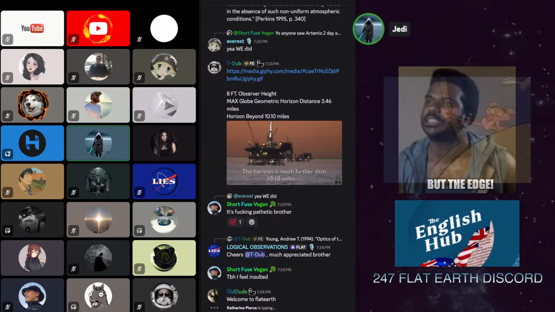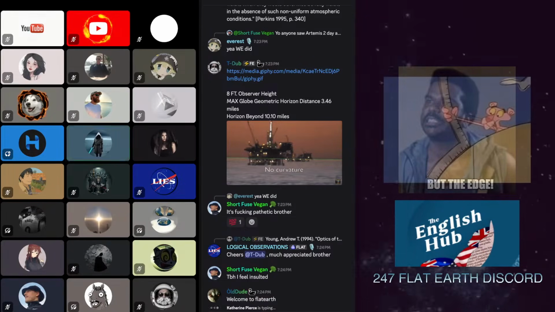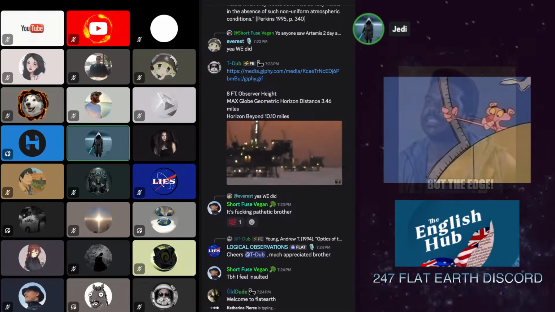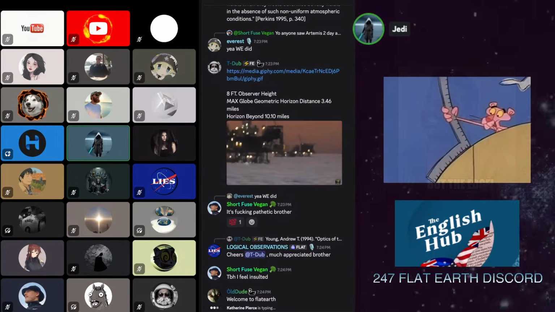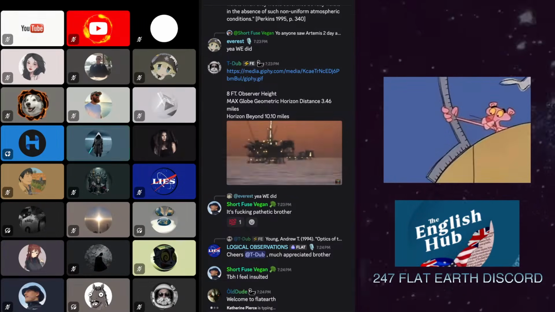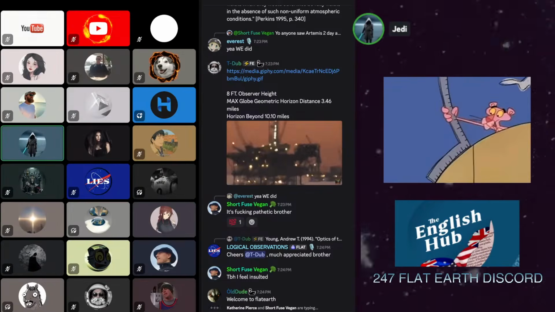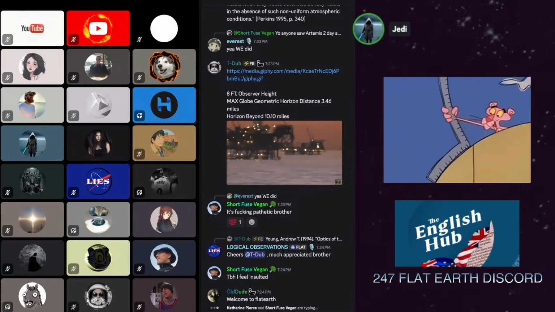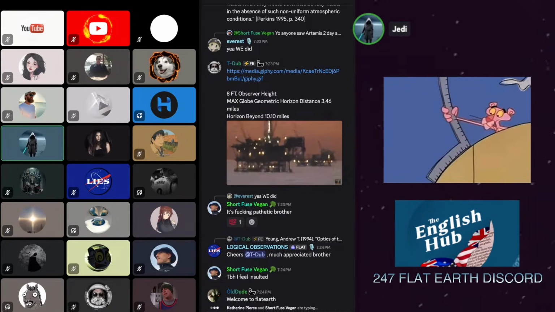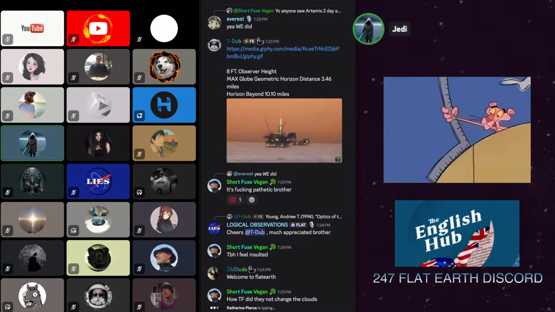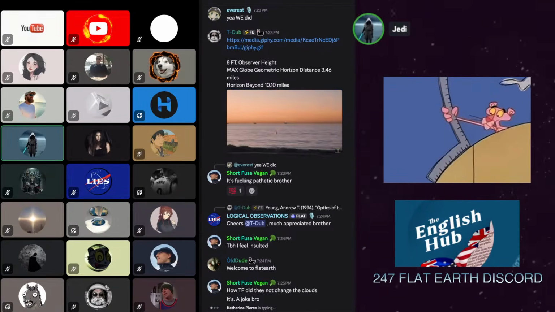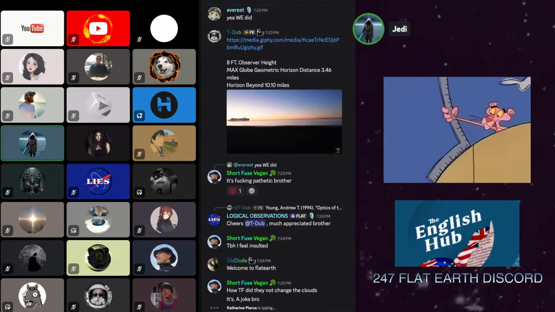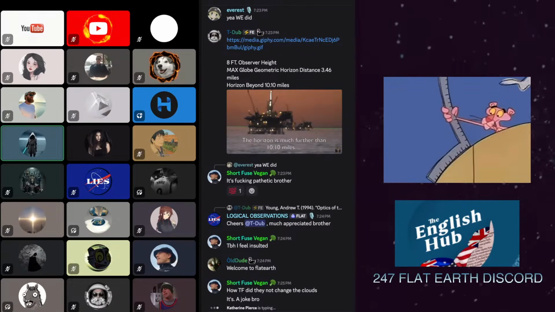So we can say that the horizon is at least 10 miles away. If we're on a planet, the horizon should be at 3.46. But we can clearly see the horizon beyond 10 miles away. We shouldn't be able to see the bottoms of the oil rigs, but we can.